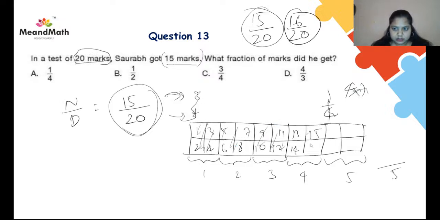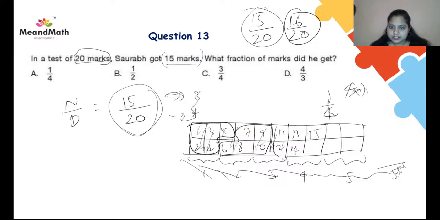It's not complete, so clearly we can't group it as 4 parts. So let us try grouping it into 5 parts. This will be 1, 2, 3, 4. Let us count how many parts are shaded. This is shaded, this is shaded, this is again shaded. So we can see 3 out of 4 parts are shaded.